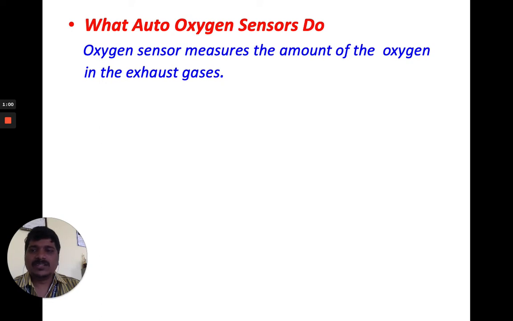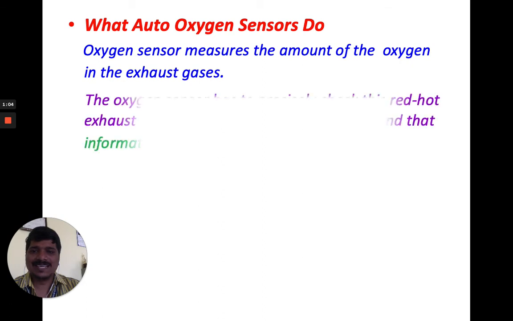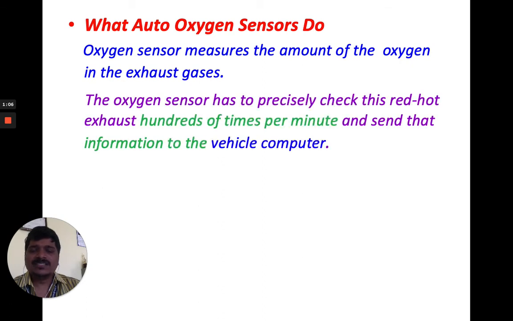The oxygen sensor precisely checks this red-hot exhaust 100 times per minute, captures the information of the exhaust, and informs the vehicle computer or vehicle microcontroller.